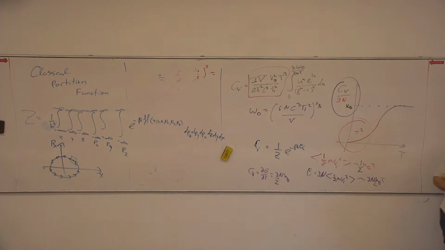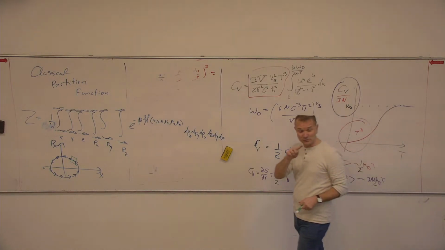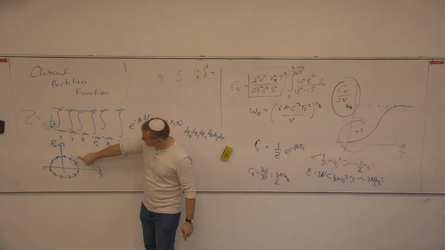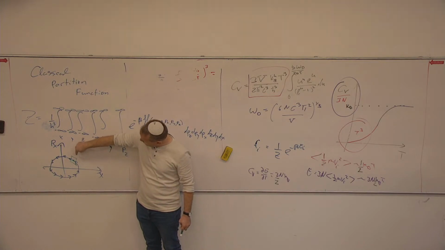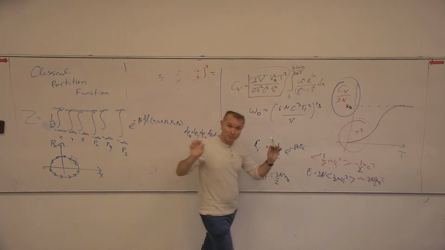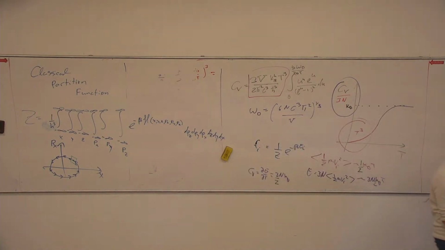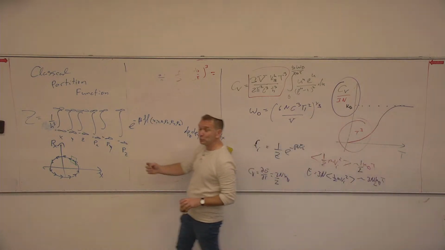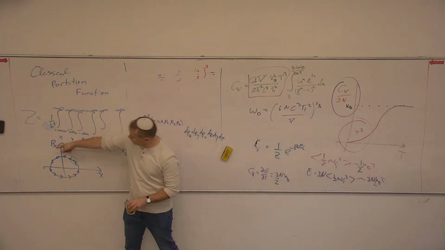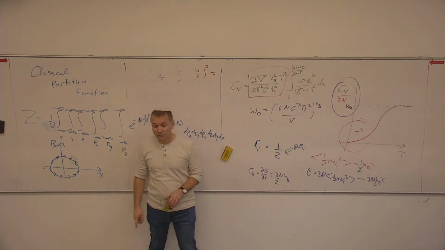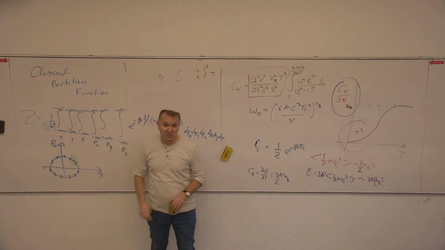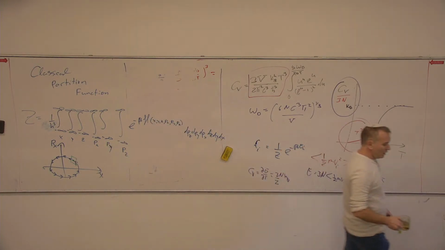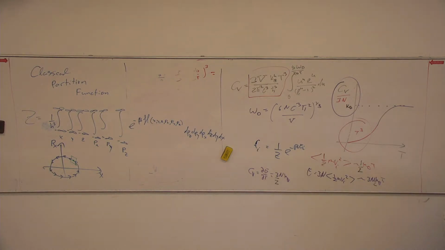Why? Because in the first place, you don't really have states from the classical perspective. If you want to talk about states, this whole contour is a state. This specific point is not exactly a state. But let it be for a second.